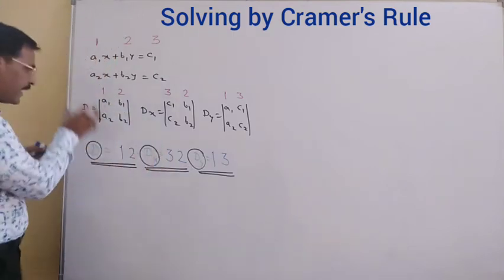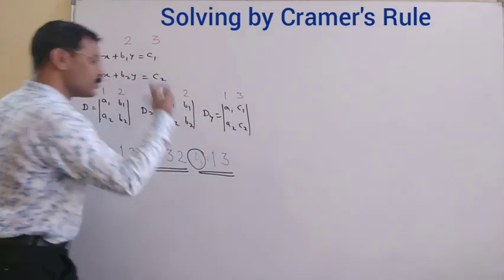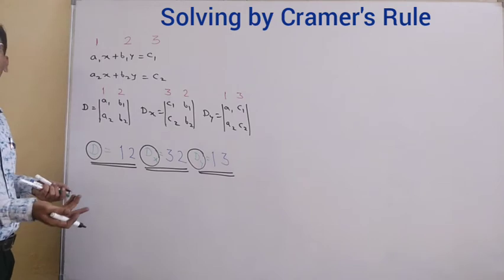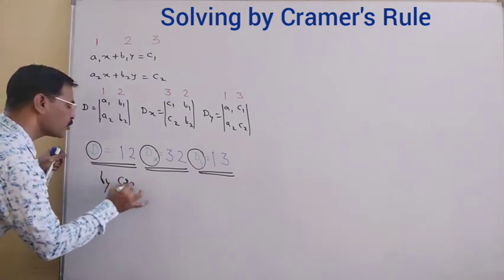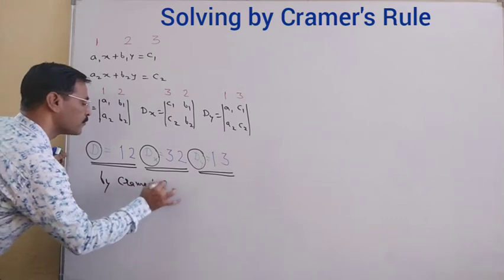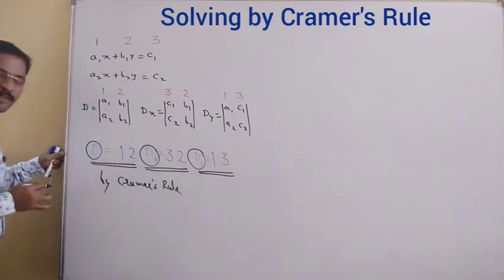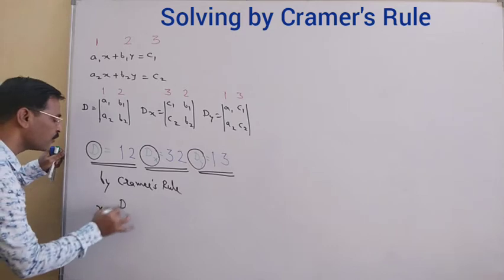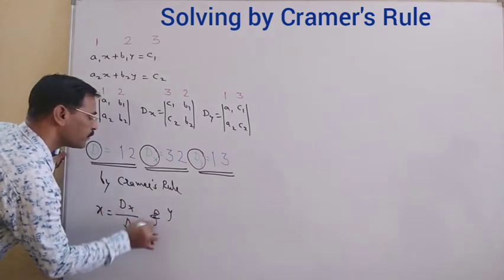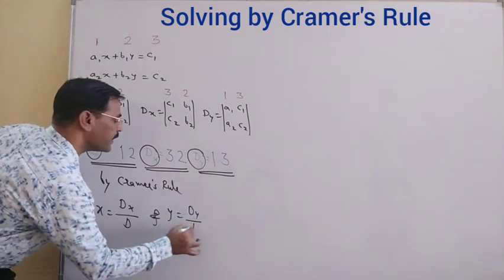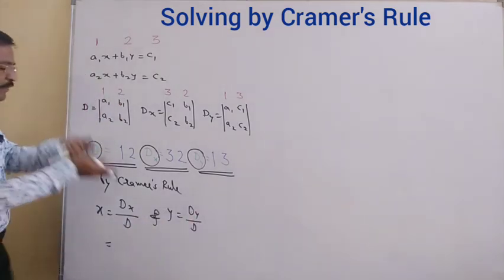After getting D, Dx and Dy, we now apply Cramer's rule. What does Cramer's rule tell us? x is equal to Dx by D and y is equal to Dy by D. Now just put the values of Dx and D here.